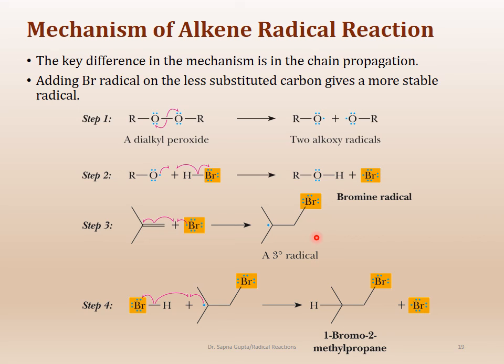Now, if you remember, the mechanism for addition of HBr to an alkene without the peroxides was different. It was a carbocation mechanism, and because it was an acid-base reaction, the double bond picked up the hydrogen first. Here, the double bond is picking up the bromine first. So where it was picking the hydrogen first, the hydrogen went to the carbon with more hydrogens.